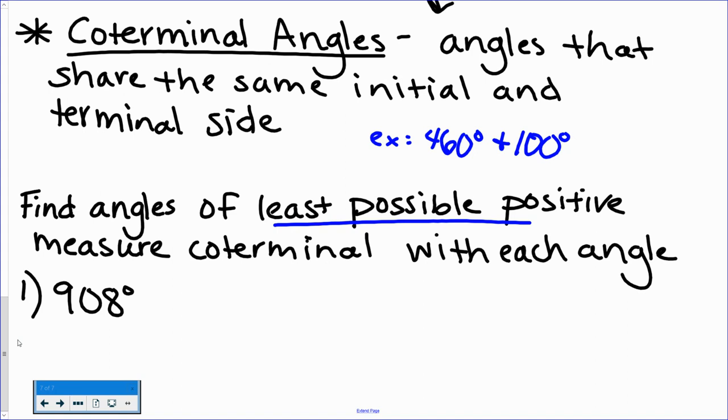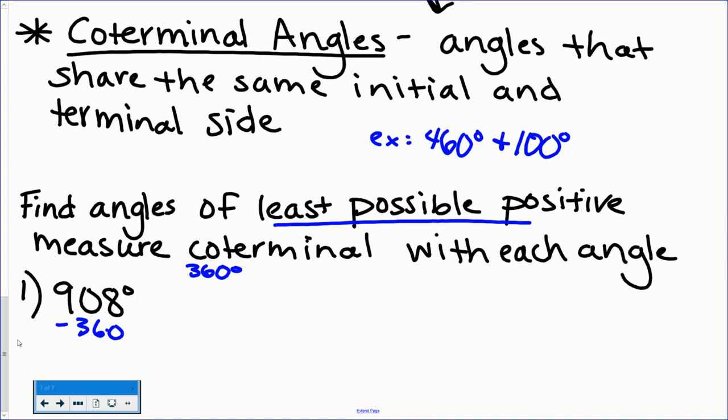It's going to show you the quadrant it's actually going to end up landing in, which will be more important than anything else. So we got to think about when things are coterminal, they have to land in the same spot. Going around one time is 360 degrees, so that's going to be the big one to take away from this. So if I go around one time, I got to take away 360 degrees.